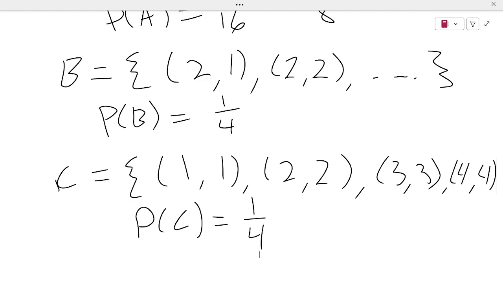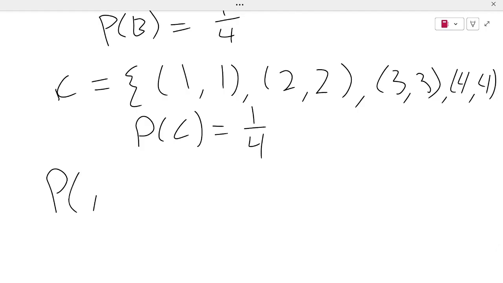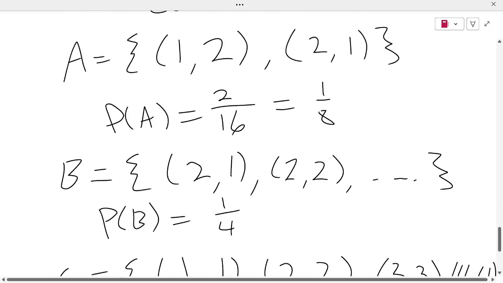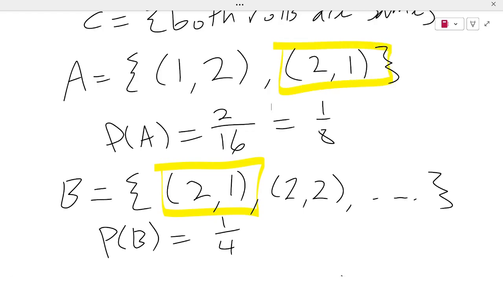Okay, and then we can mess around with some of these. I like using intersections and unions. So if we look at the probability that A intersects B, well, what do they have in common? Let's look at what we've described. The only thing they have in common, I think, because A needs to have a 1 and a 2, is the 2, 1 roll.